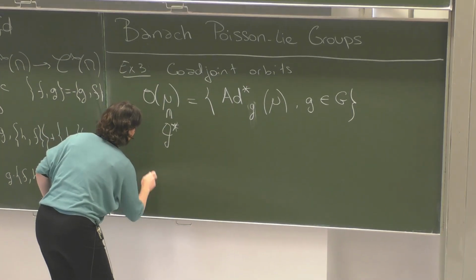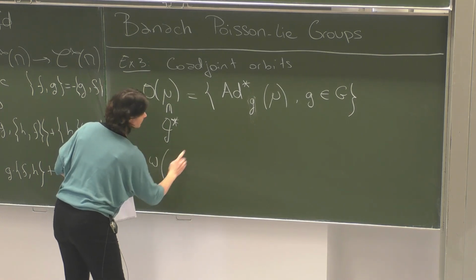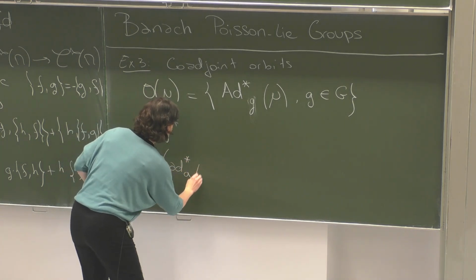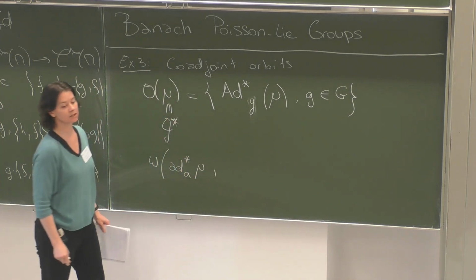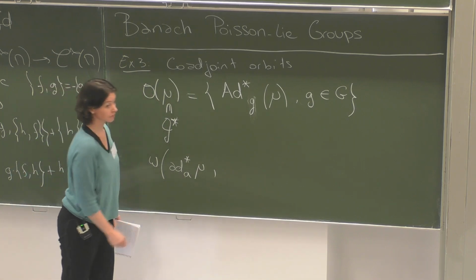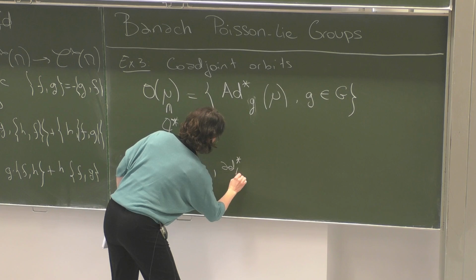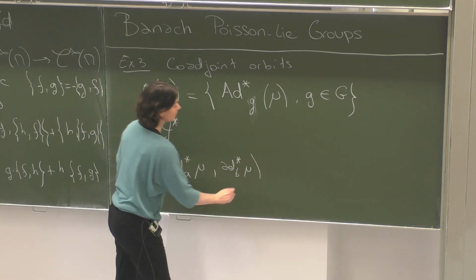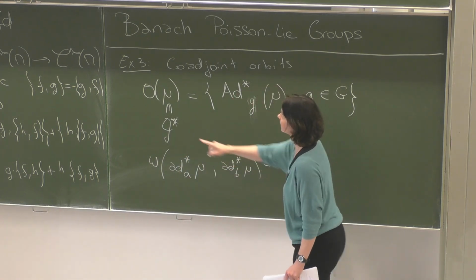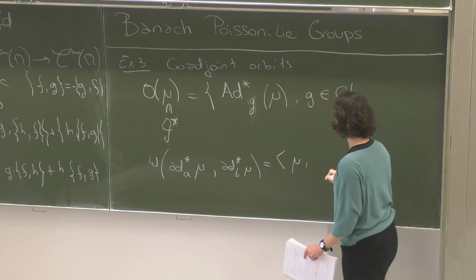And in this case, the Poisson structure that I have defined in the first example restricts to a symplectic form. More precisely, if we look at tangent vectors at mu, a covector, generated by two elements of the Lie algebra by infinitesimal action, then the symplectic form is simply the restriction of the Poisson structure that I have written over there.